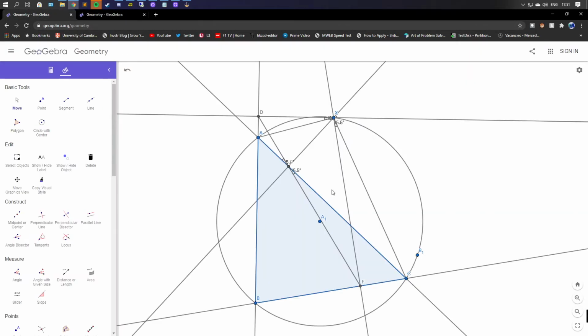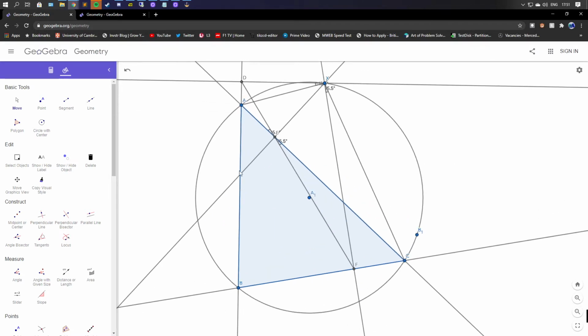Actually, the exact statement, if you want to write it down, is that given a triangle ABC with circumcircle gamma, and a point X in the plane, with perpendiculars XD, XE, XF dropped to the sides AB, BC, and CA respectively, the points D, E, and F are collinear if and only if X lies on the circumcircle of ABC.